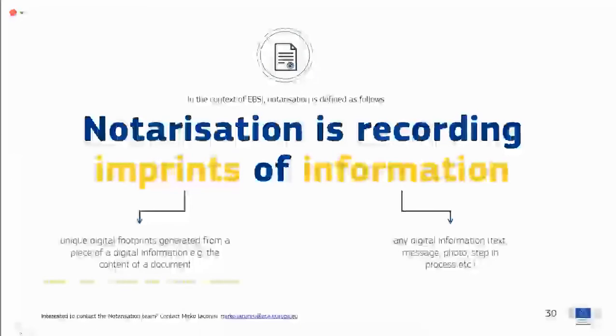So if the originating content changes even slightly, even just one bit, the resulting imprint will be completely different. And this can be used as an easy mechanism to verify if any changes in the document were made. The elements needed to generate the imprint are the hash of the document, for those of you who are more technical, but also the related metadata, including a reference to the originator. In terms of information, potentially any digital artifact could be notarized: text, messages, photos.